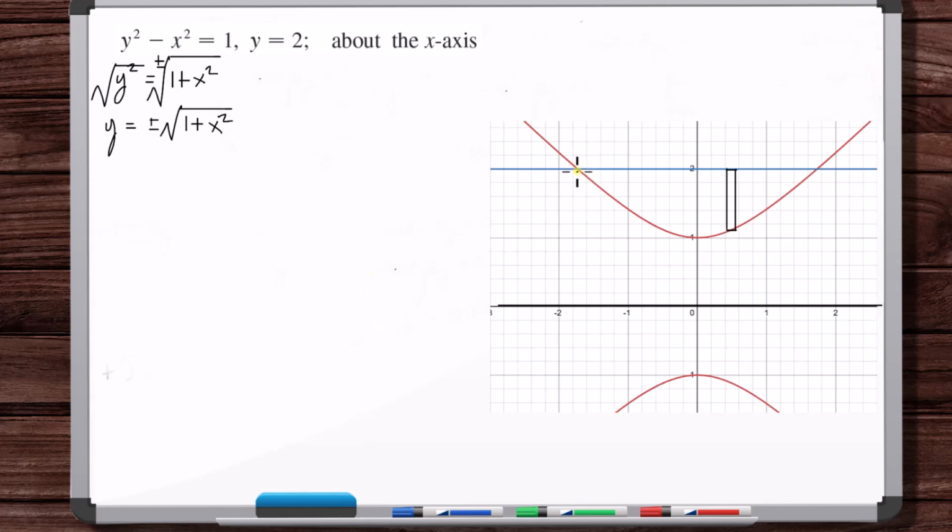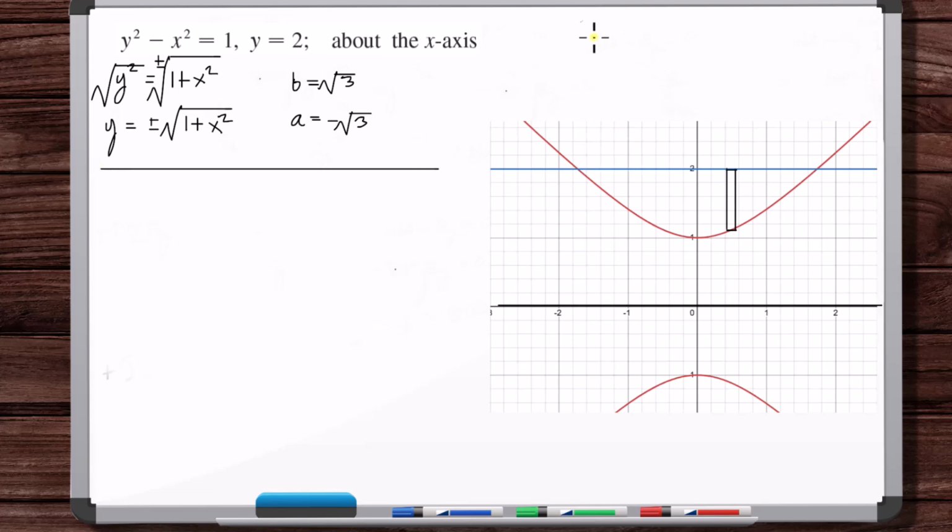Okay, so this is minus root 3, this is positive root 3. So b is equal to root 3, a is equal to minus root 3. I mean, that's a little more complicated than integrating from 1 to 2, but to me, this is not that big of a deal. So, okay.